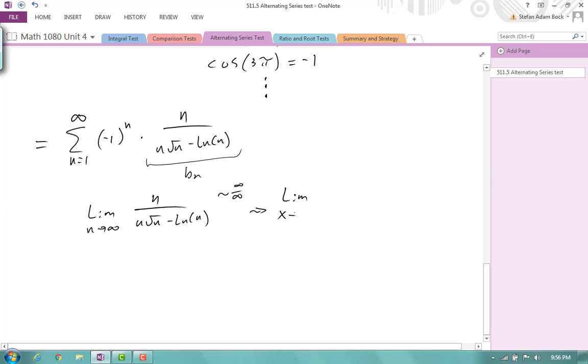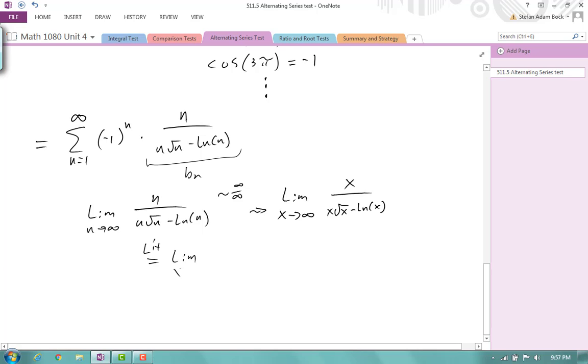So I'll rewrite this in terms of the real variable x. As x goes to infinity, x over x root x minus natural log of x. And this goes all the way back to 11.1. And now we can use L'Hopital's on this.